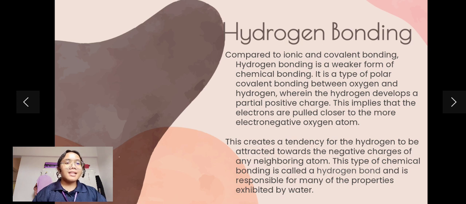This implies that the electrons are pulled closer to the more electronegative oxygen atom. This creates a tendency for the hydrogen to be attracted towards the negative charges of any neighboring atom. This type of chemical bonding is called a hydrogen bond and is responsible for many of the properties exhibited by water.